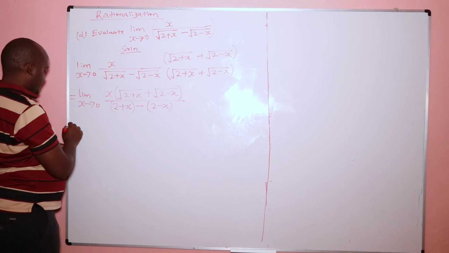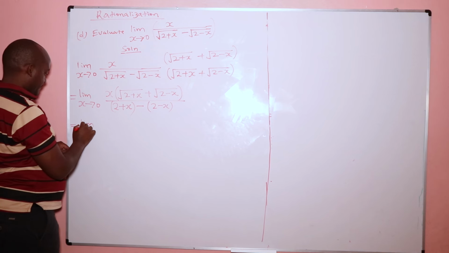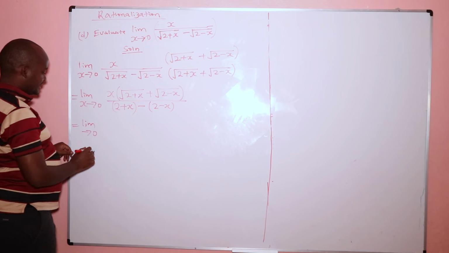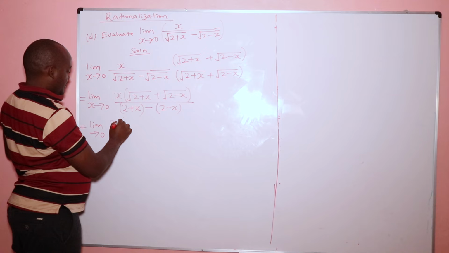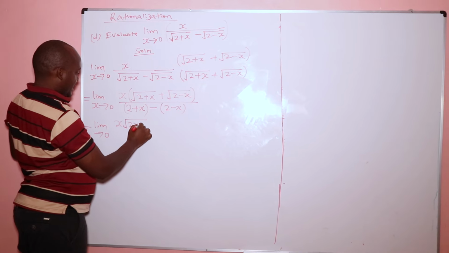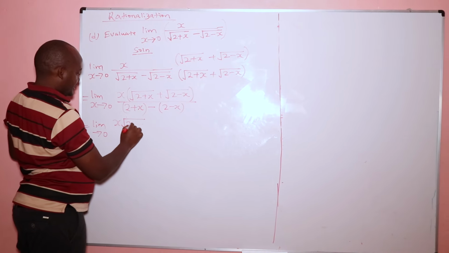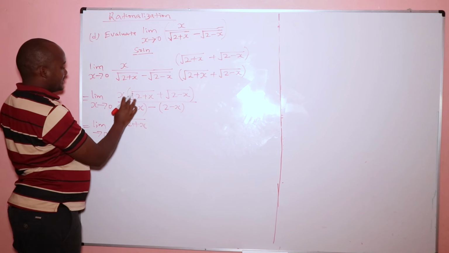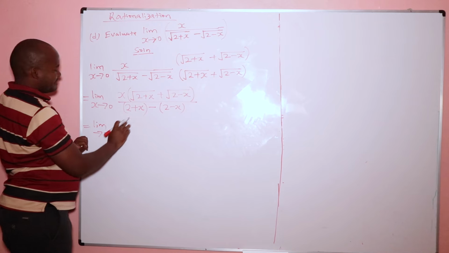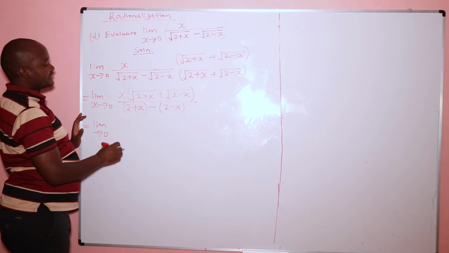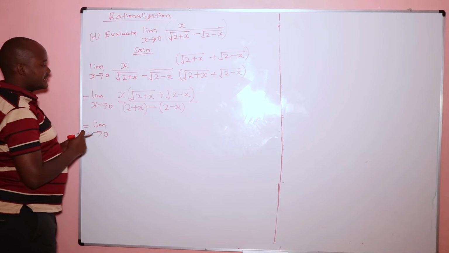So we try to simplify the denominator. This will be the limit as x approaches 0 of x root 2 plus x plus root 2 minus x, divided by 2 plus x minus 2 minus x. Maybe you can just leave it so that you can see the common factor between the numerator and the denominator.